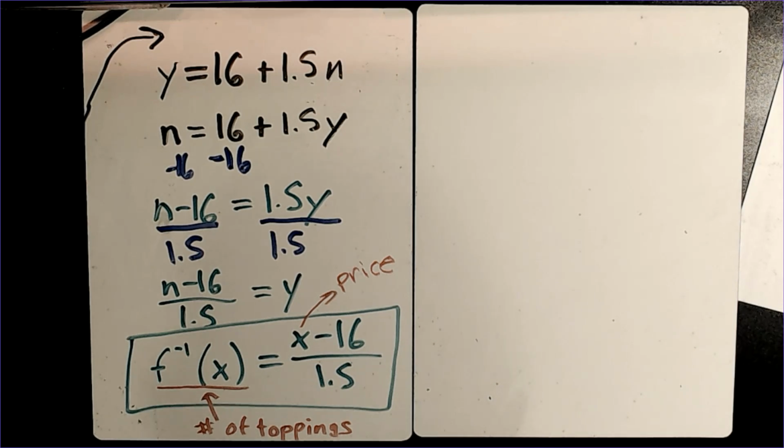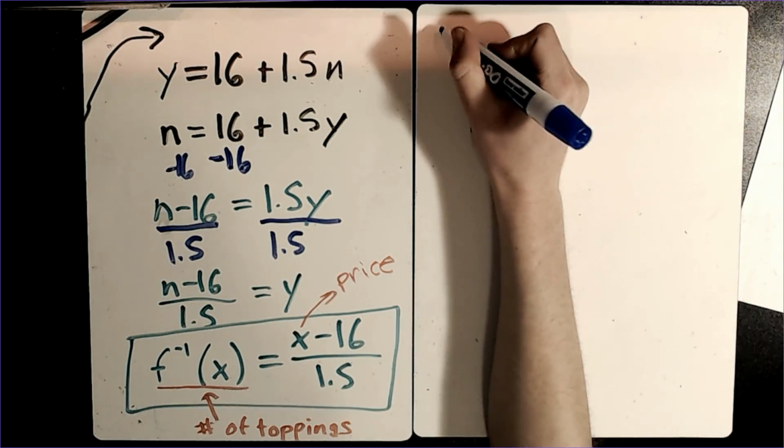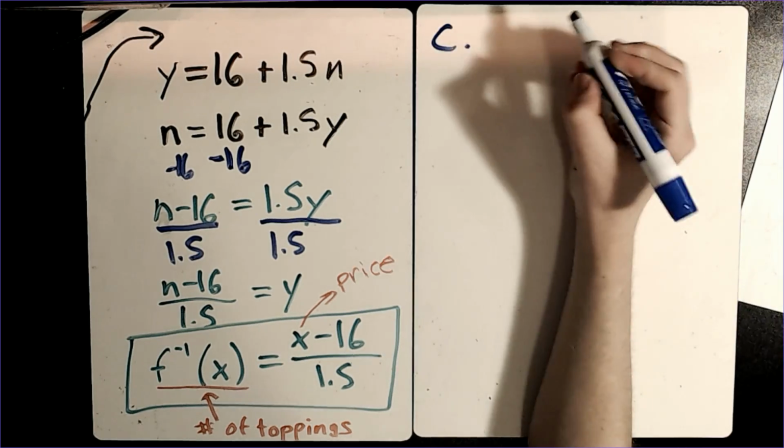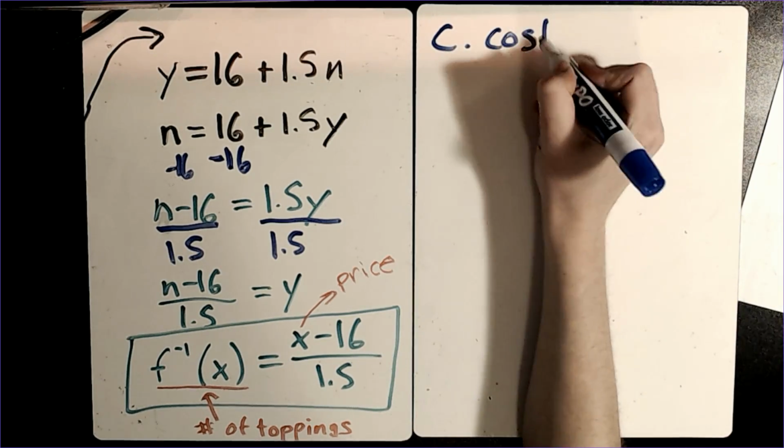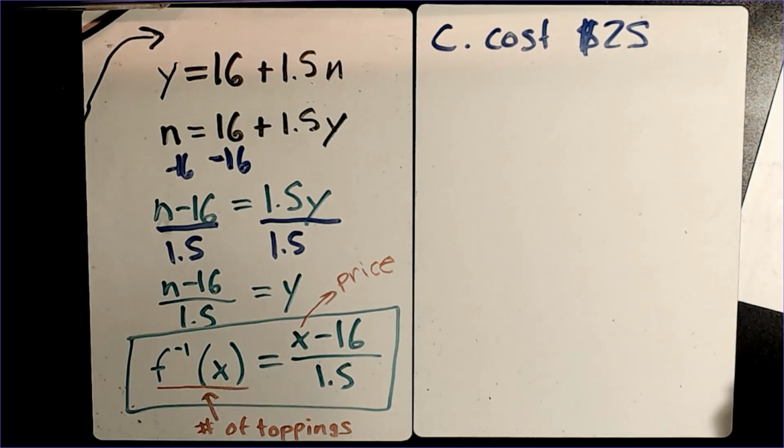So C, the very last part of this question is, if a pizza costs $25, how many toppings does it have? Okay, so C, the pizza cost is $25 total. We just want to know how many toppings does it have?